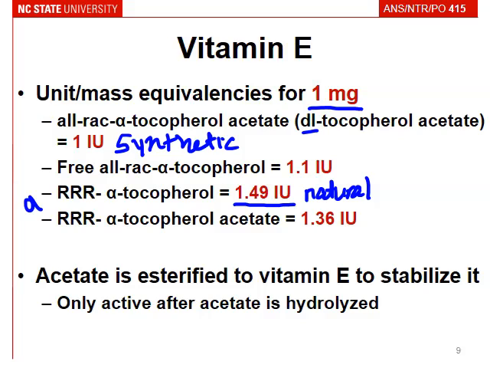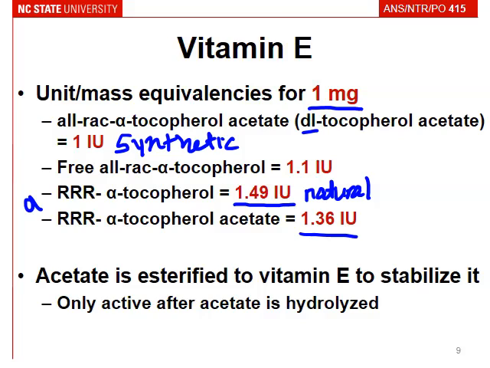And then if we conjugate that to acetate, we reduce that to 1.36. So you should be able to see that our free form has a higher activity level. However, it's more stable and has a longer shelf life if we conjugate it to acetate.